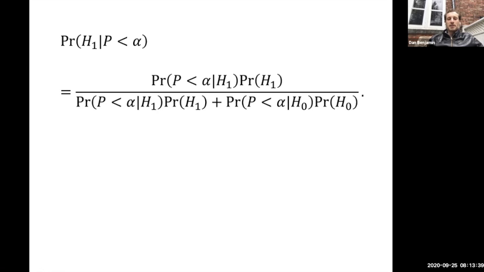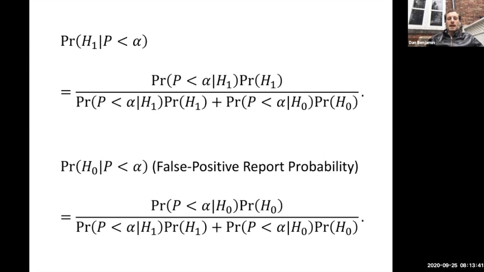So I'm going to calculate also another probability, which is analogous. This is the probability that the null hypothesis is true given significance, which has a name in the literature. You'll see it referred to as the false positive report probability. And the calculation is also by Bayes' rule.